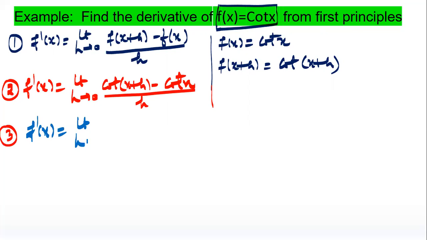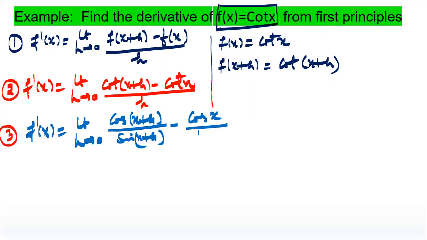We will convert it. Cotangent theta is cos theta upon sin theta. So we will write it as cos(x+h) upon sin(x+h) minus cos x upon sin x, the whole divided by h.